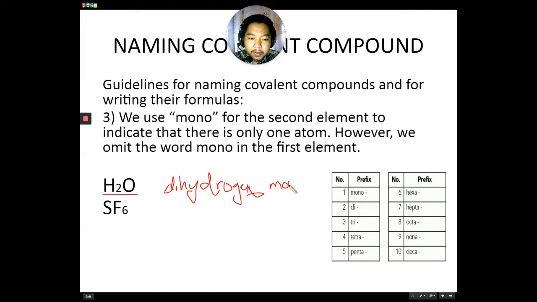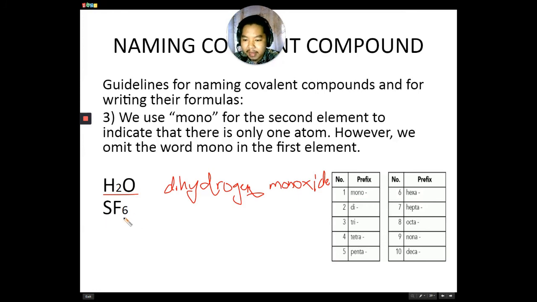So again, I will only use the word mono for the second element. But there's an exemption again. That's the 4th step. Instead of saying monooxide, I will only write monoxide. Later on, I'll introduce the rule.